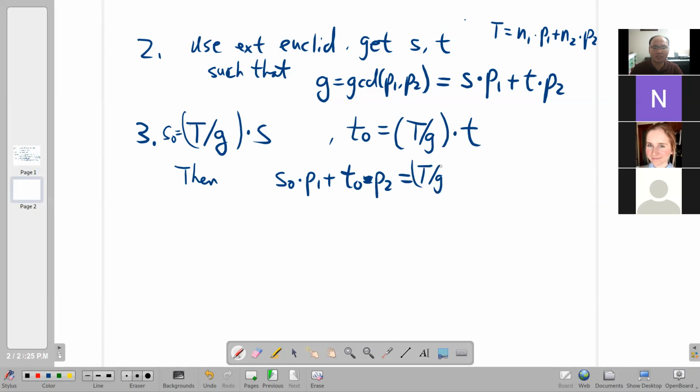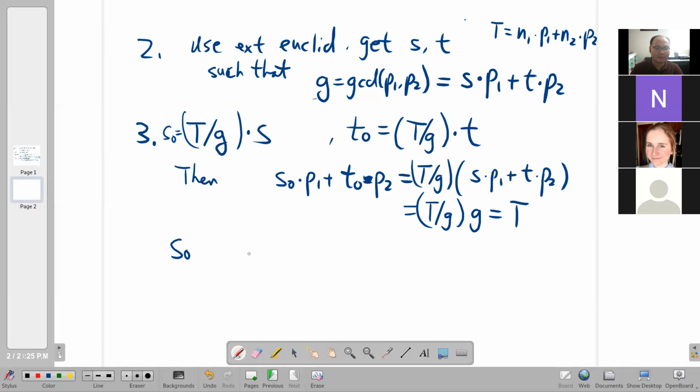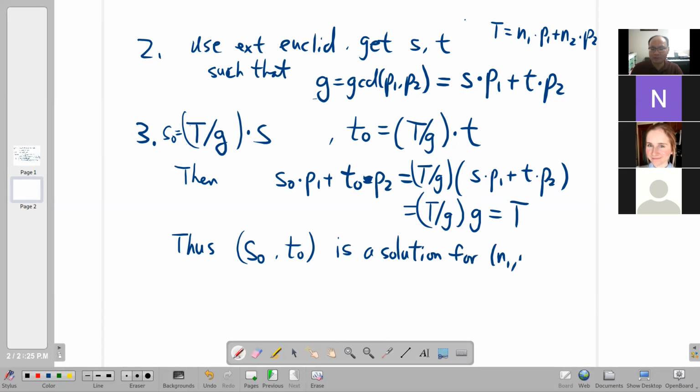It's T divided by G of S times P1 plus T times P2. And we know that S times P1 plus T times P2 is G. And then, of course, the G cancels out, it's just T. Thus, S0 and T0 is a solution for N1 and N2.